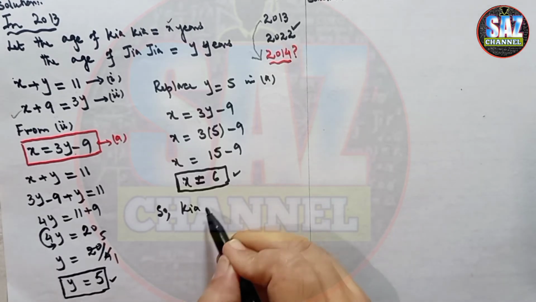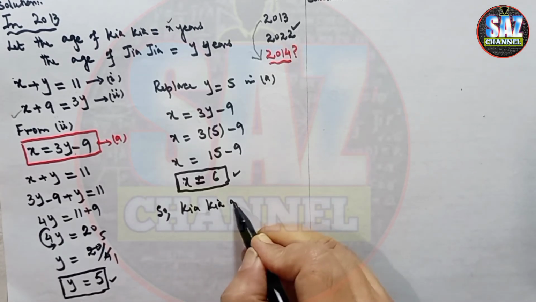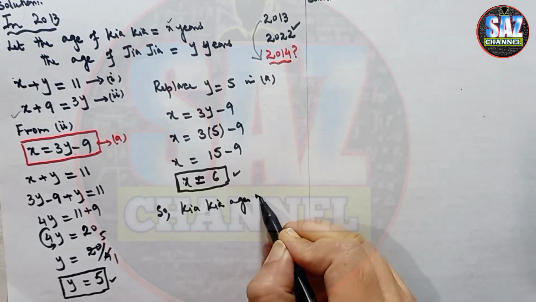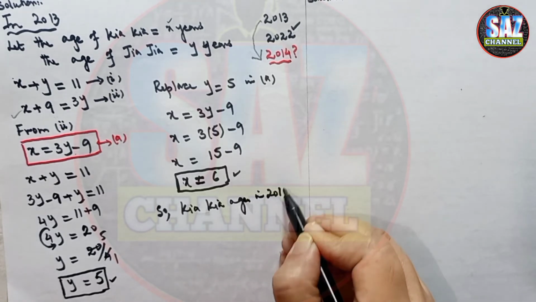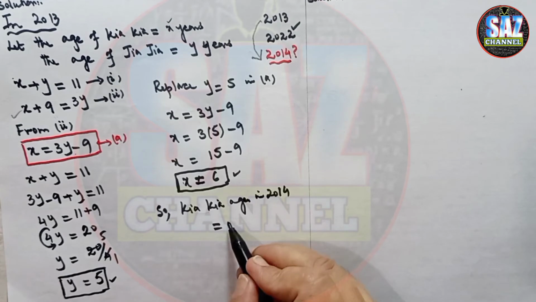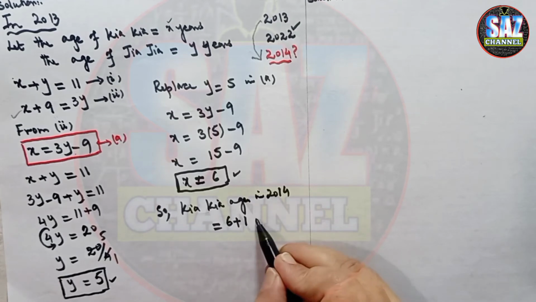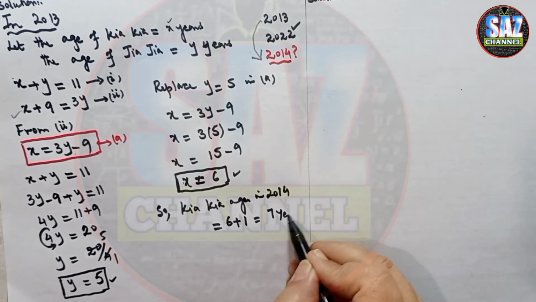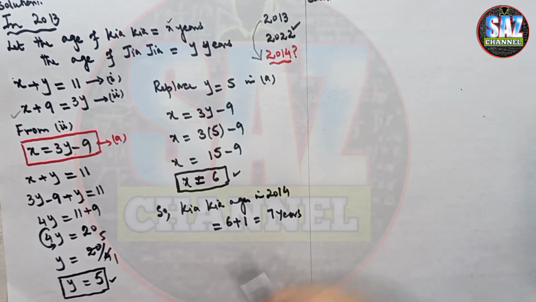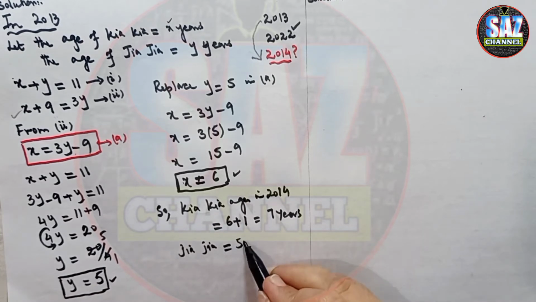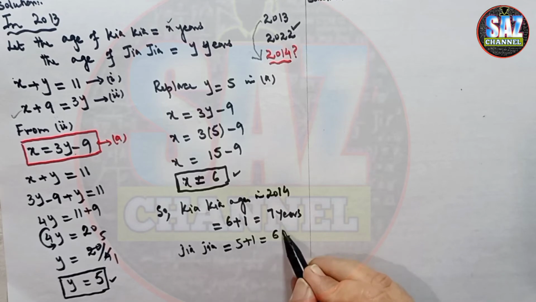Kia's age in 2014 will be equal to 6 plus 1, which is equal to 7 years, and Gia's age will be equal to 5 plus 1, which is equal to 6 years.